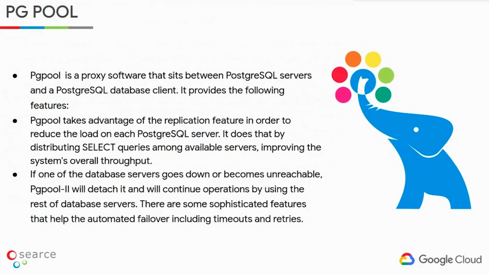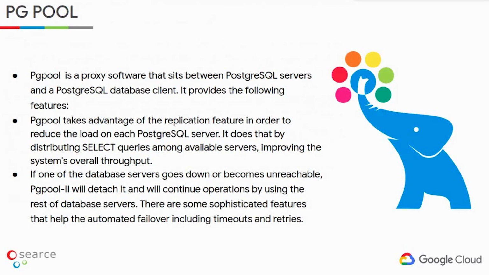PGPool is a software that sits between the actual PostgreSQL database and the Postgres database client. It has the following features. It has its own replication feature, in which it reduces the load on each PostgreSQL server. What it does is distribute the select query among all the available servers, and eventually the throughput of the entire server is increased.